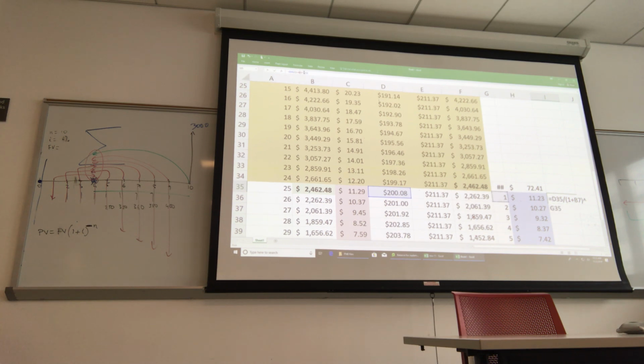This is fixed, and this information here is whatever is the principal payment.